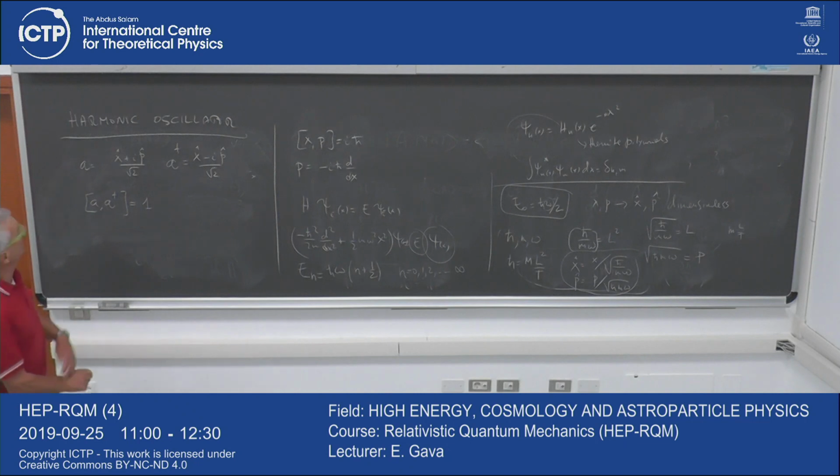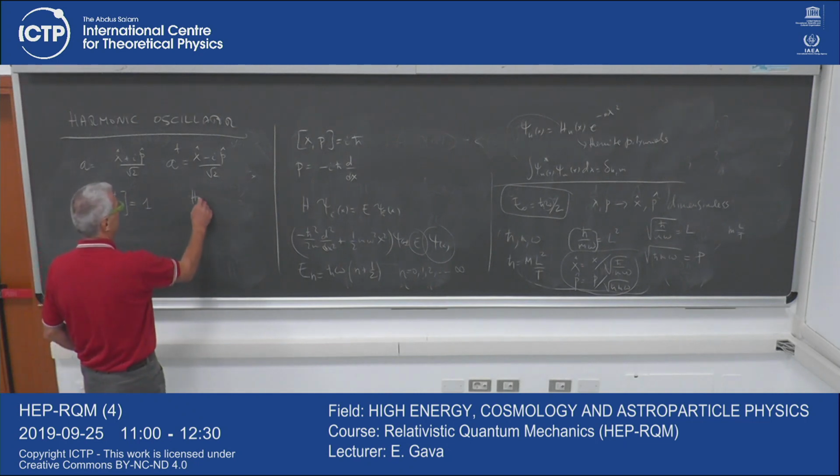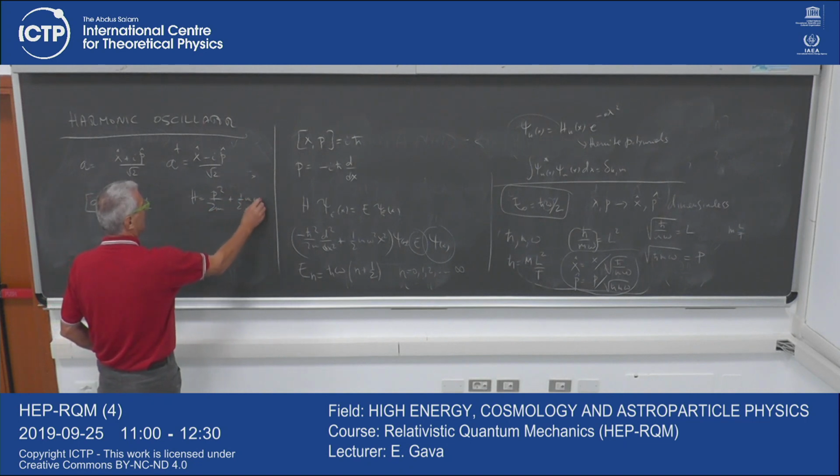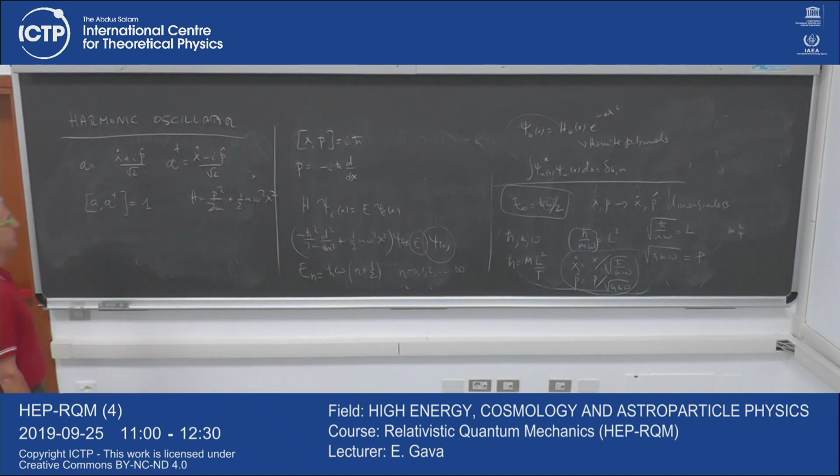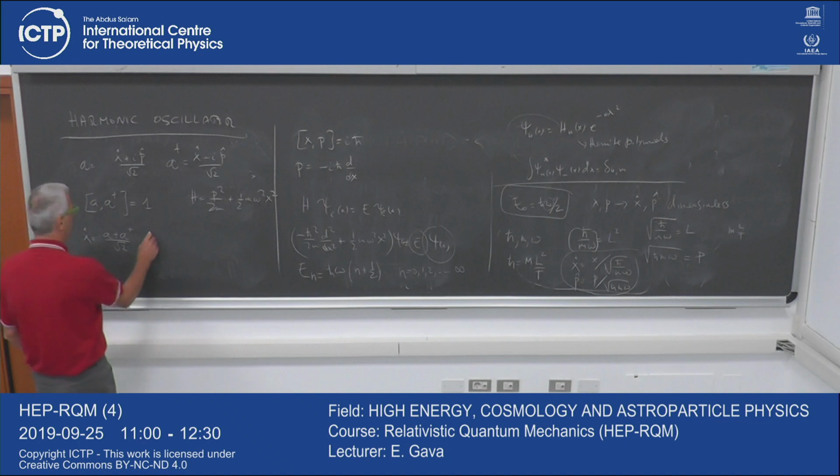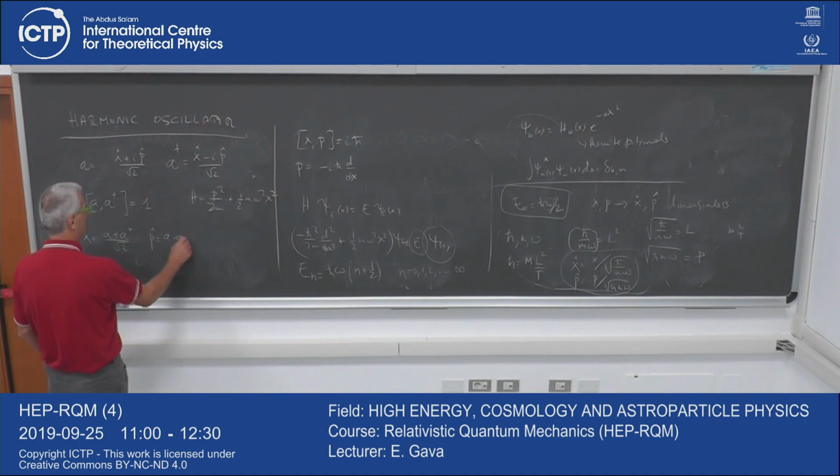And then, of course, the Hamiltonian, as we said, is p squared over 2m plus one half m omega squared x squared. If you invert this relation, you can derive that x hat will be a plus a dagger over square root of 2, and p hat will be a minus a dagger over i square root of 2.